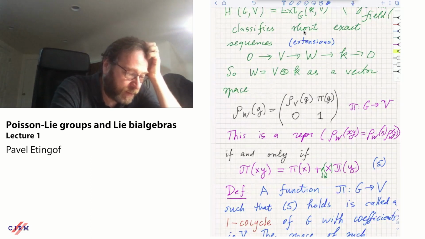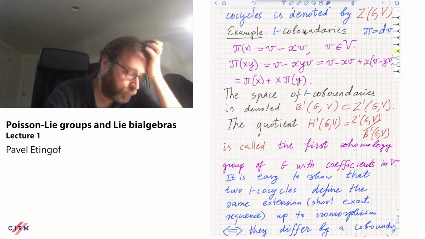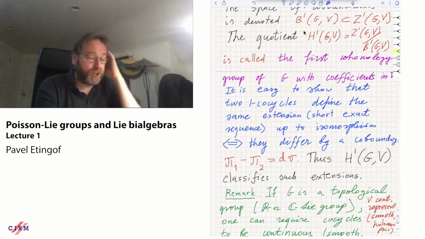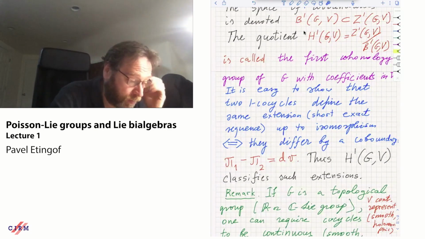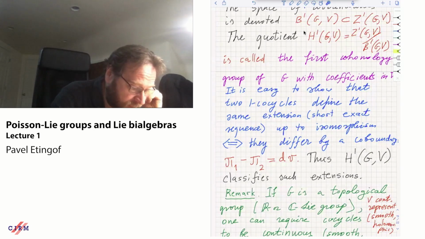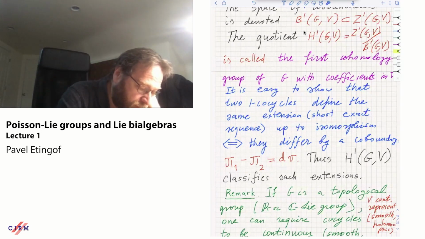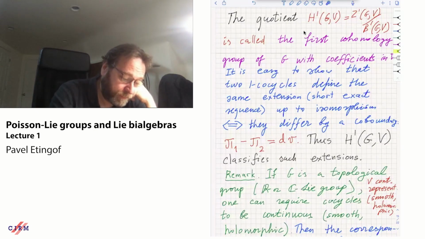So it should act by identity on V and act by identity on the quotient K. And then you can show that two cocycles, let's say pi 1 and pi 2, give the same extension if and only if their difference is a coboundary. So H1 classifies exactly the extensions up to this kind of isomorphism.